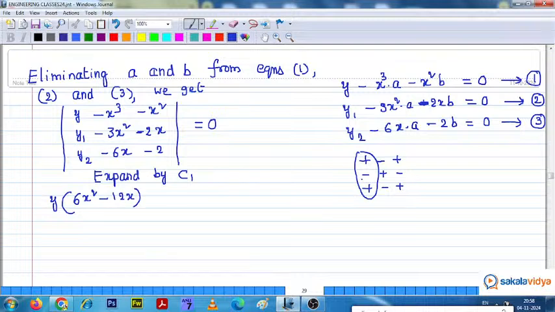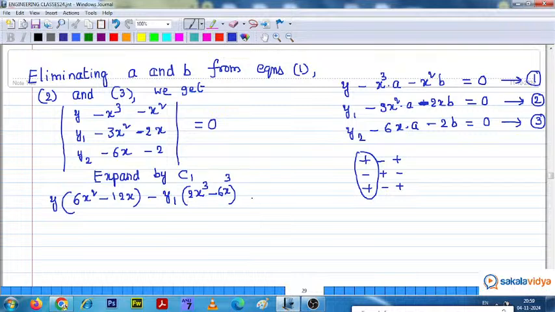And next this sign is minus, so negative y1 multiplied with the determinant after deleting this row and column: negative x cube into negative 2 is 2x cube, minus 6x cube, so negative 4x cube.